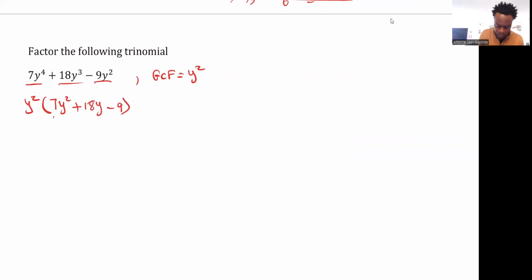Now I have this expression that is a trinomial with a coefficient of 7 for y squared, not equal to 1. Then I need to factor this. I'm going to use the direct factoring for that. So let me multiply 7 and -9. 7 times -9 equals -63, right?